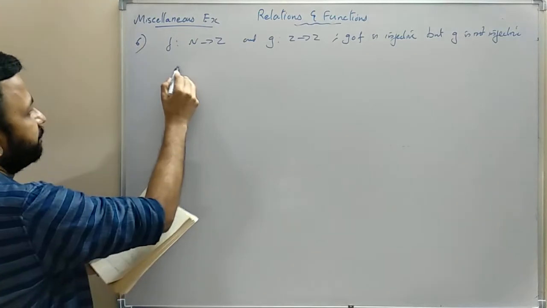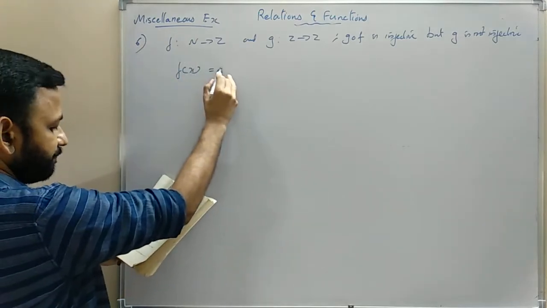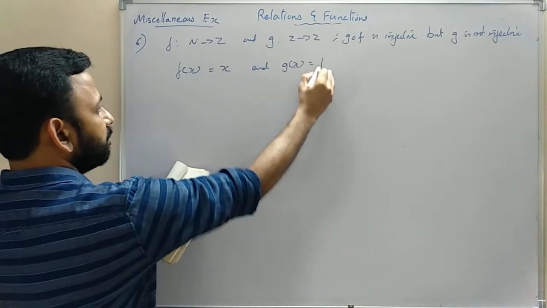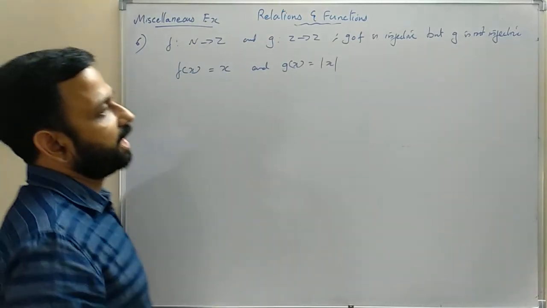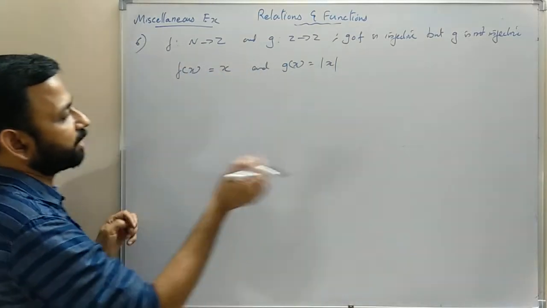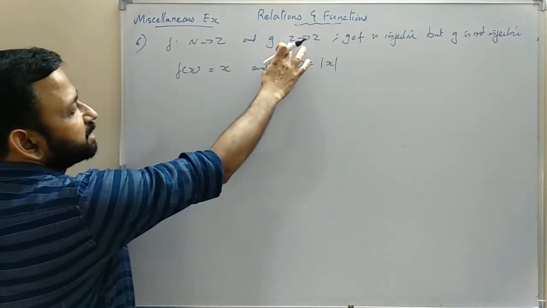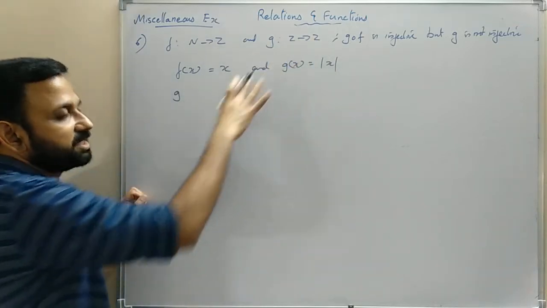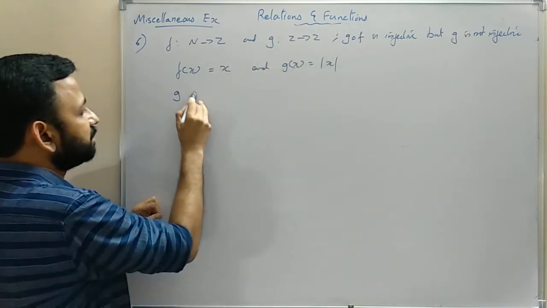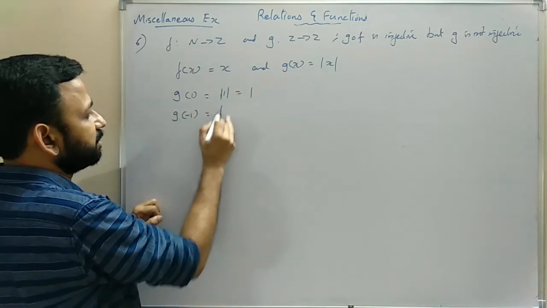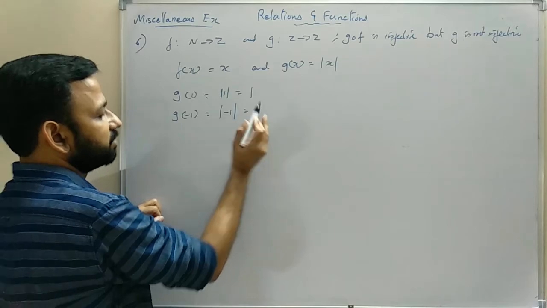So we can take the two functions f of x is equal to x and g of x is equal to modulus of x. And here we need to show that g is not injective. That means g is not one-one. So g is a function from Z to Z, where Z is the set of integers. g of 1 is equal to 1, and g of minus 1 is equal to modulus of minus 1, that is also 1.